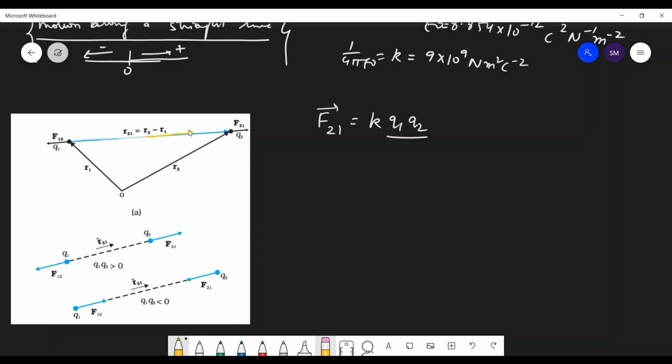So this is the origin. The position of Q1 is given by position vector R1. The position of Q2 is given by position vector R2. And R21 means, like velocity 21, velocity of second with respect to first. So this is how we calculate it. Now what about R21? Same way, R2 minus R1.